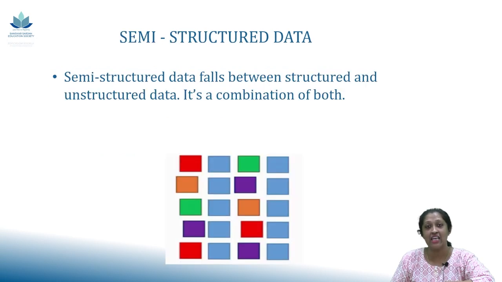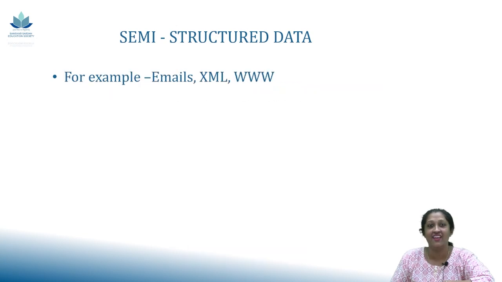Now let us see semi-structured data. As the name suggests, semi-structured data falls between structured and unstructured data. It has both structured and unstructured data. For example, emails, XML and the World Wide Web use unstructured and semi-structured data. That means part of the information in an email is structured and part of its information is unstructured.